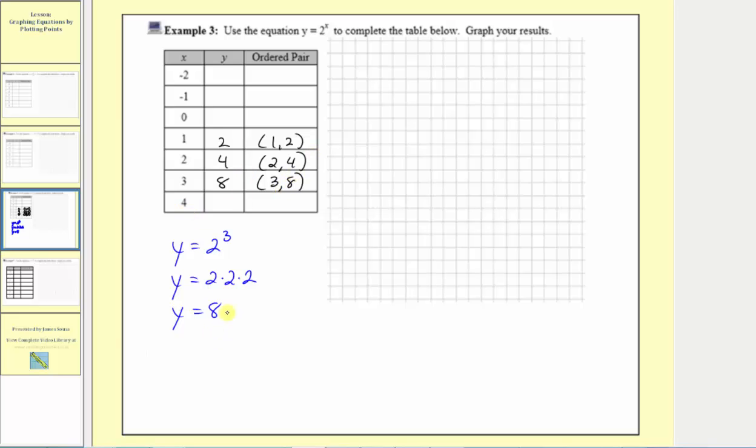The next input is 4, so the corresponding output is y equals 2 raised to the 4th power, or 2 to the 4th. So we have 4 factors of 2, so we have 2 times 2 times 2 times 2, so we have y equals 16. When the input is 4, the output is 16. The ordered pair is 4, comma 16.